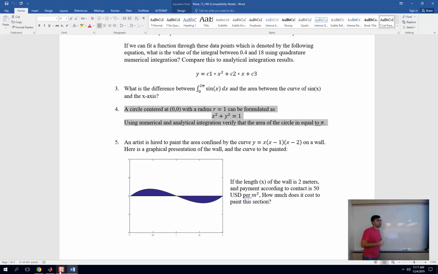If I want to evaluate this, I have a double integral. That's a trouble by itself. I don't want to go through the double integral. Let's simplify this. Y squared is equal to 1 minus x squared. Right? Is that right? Then y is square root of 1 minus x squared.